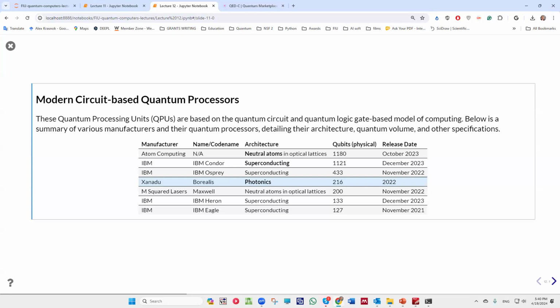So simple. That's why I usually prefer to start from photonics. But today we're going to discuss superconducting, which is much more popular today and has much more importance for today's field.